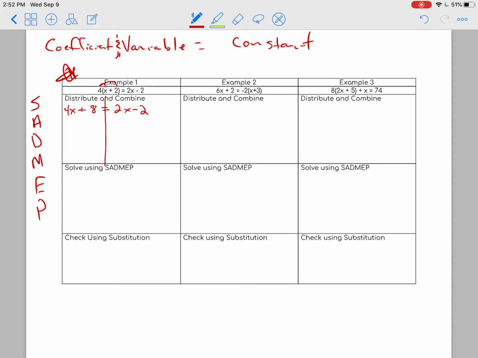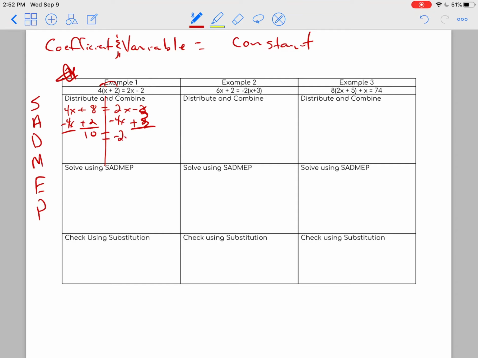So what I mean by this is that I'm going to say add 2 and add 2. That gives me 10. That's going to go away. Now, to move the 4x to the other side, I have to subtract it because it's a positive. Remember, we do the inverse. So minus 4x.